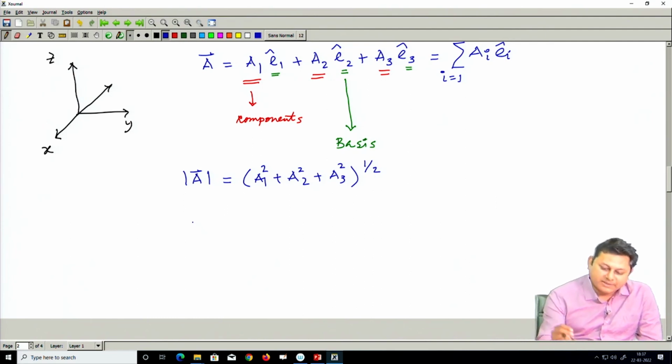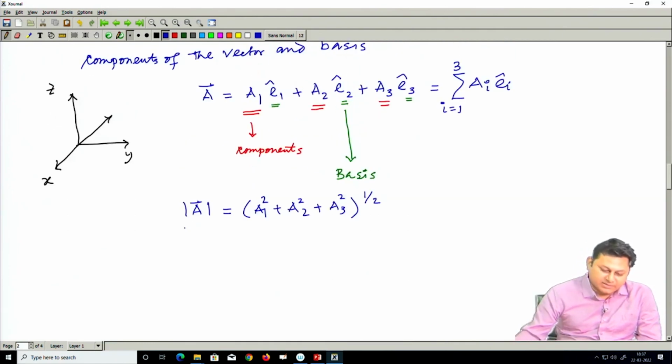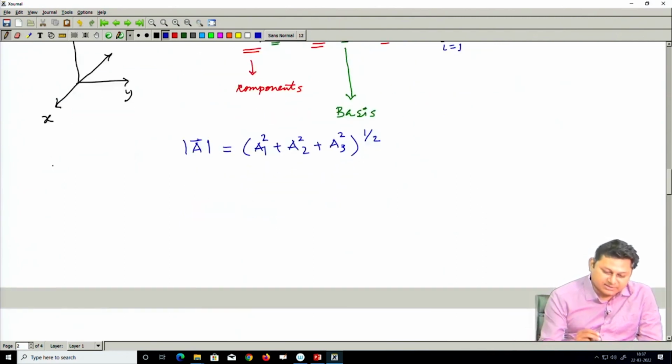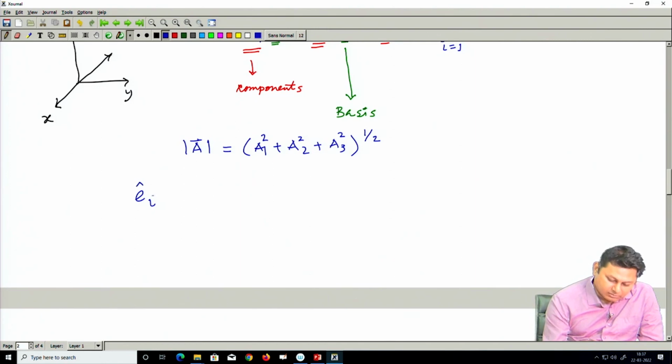Now, what are the properties of the E1, E2, E3 basis? That is rather important here, and that property is very interesting. If we consider the coordinate system like this, this is a straightforward Cartesian coordinate system. If we use the straightforward Cartesian coordinate system, these bases should have certain relationship to follow, and that is Ei dot Ej is equal to delta ij.